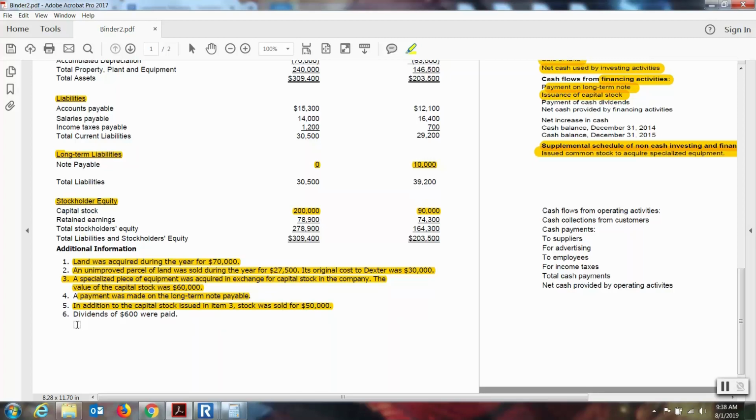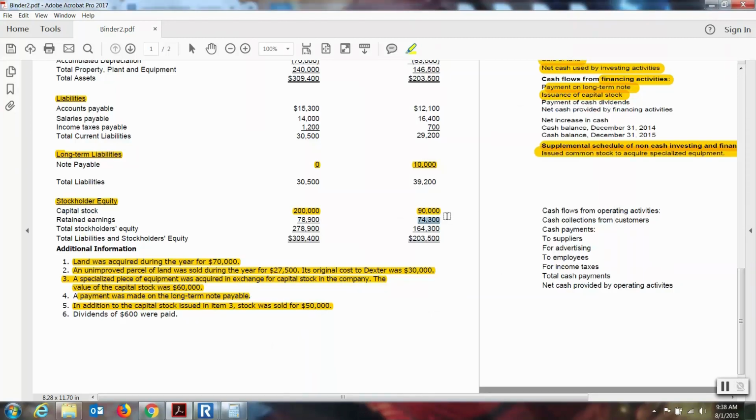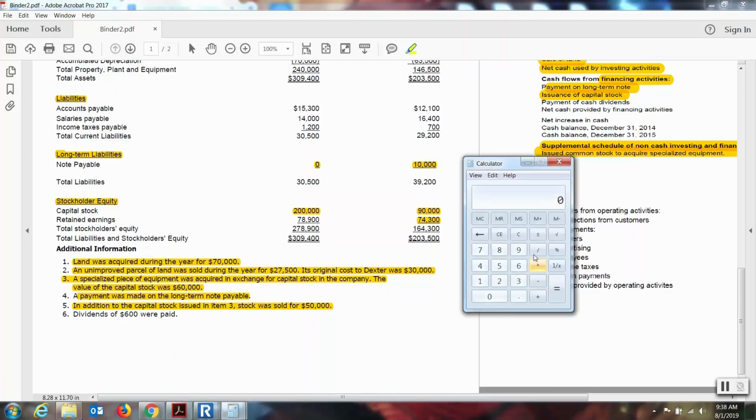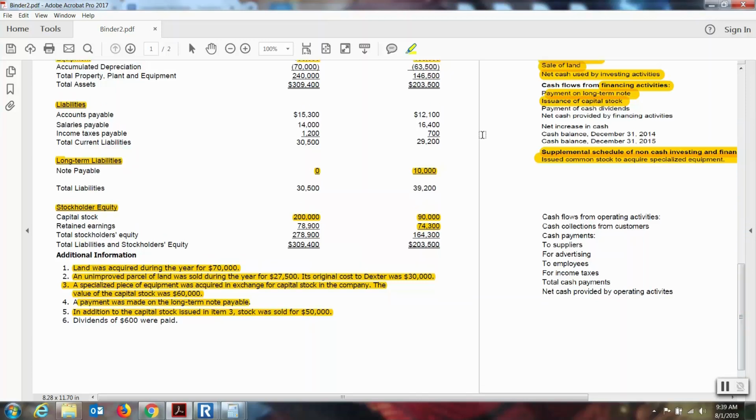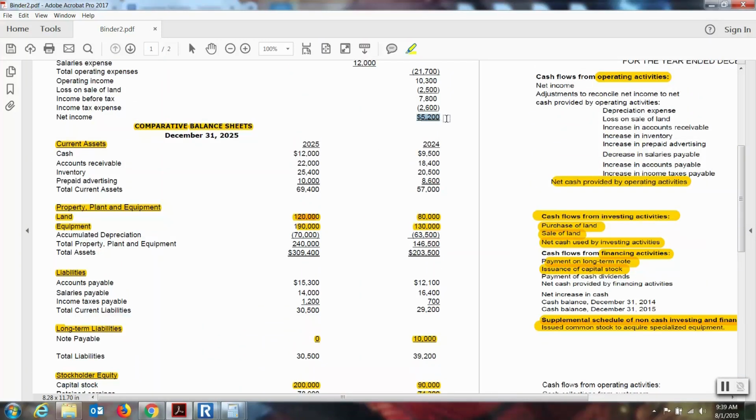And then lastly, number 6, dividends of $600 were paid. Dividends are subtracted from the retained earnings account. So let's analyze that retained earnings account to see if we have any other questions or problems. Beginning balance was $74,300. Now remember, for the retained earnings account, items that impact that other than dividends are net income. So if you go up to your income statement, remember the net income was $5,200.